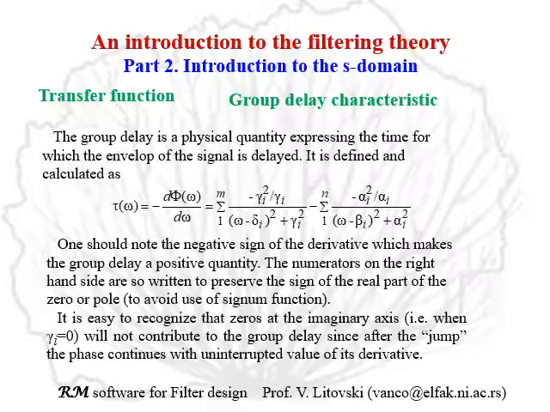So usually it would be minus gamma, but then we have no control of the sign. It is easy to recognize that zeros at the imaginary axis, look at delta equals 0, or gamma equals 0, will not contribute to the group delay, since after the jump, as we saw in the previous diagram, the phase continues with uninterrupted value of its derivative.